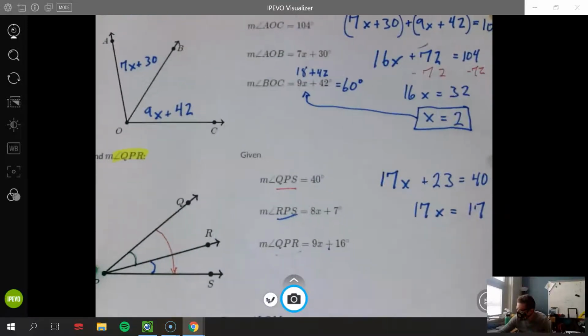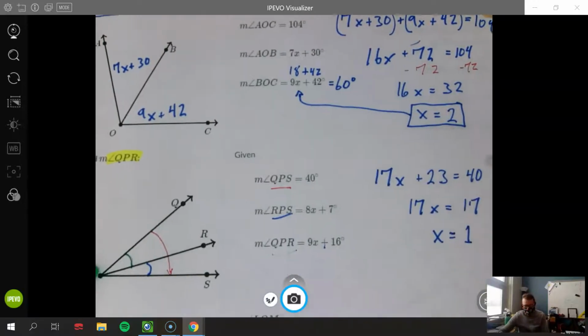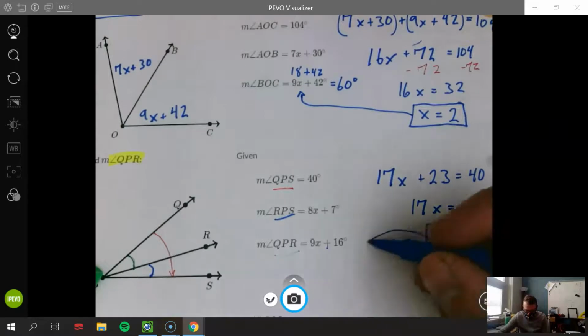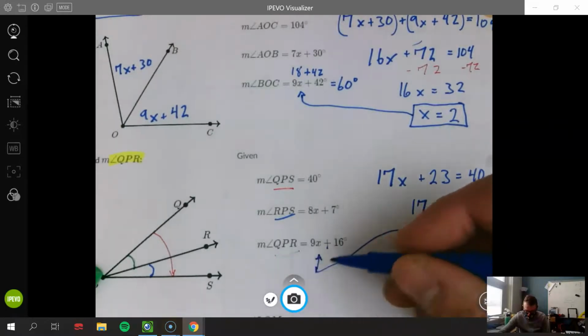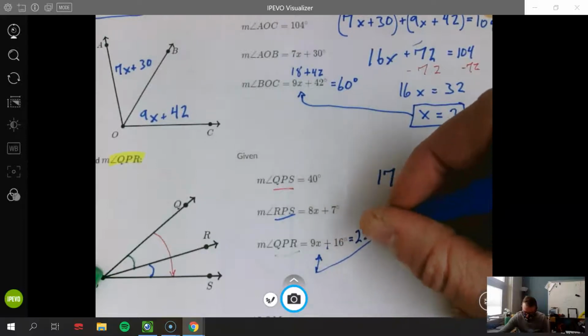Wait, if 17x equals 17, do not let that hand go to the keyboard. We then plug in, what are we trying to solve for? QPR. And it's 25 degrees.